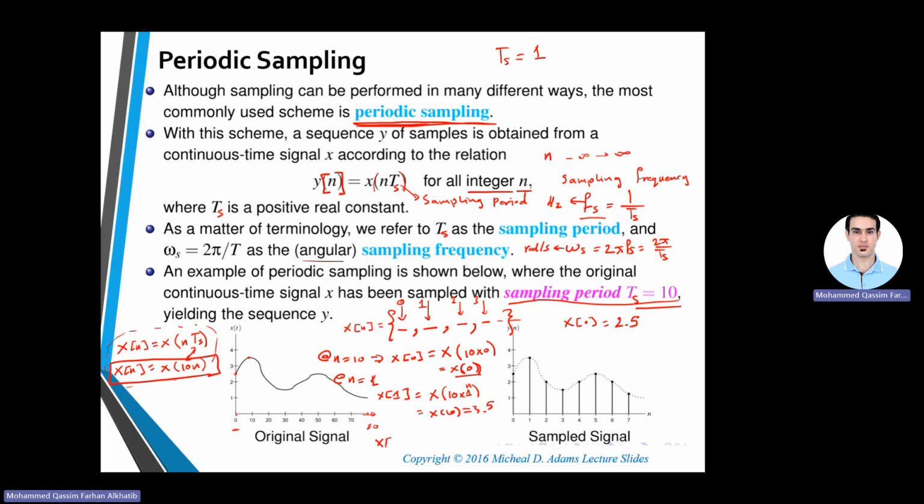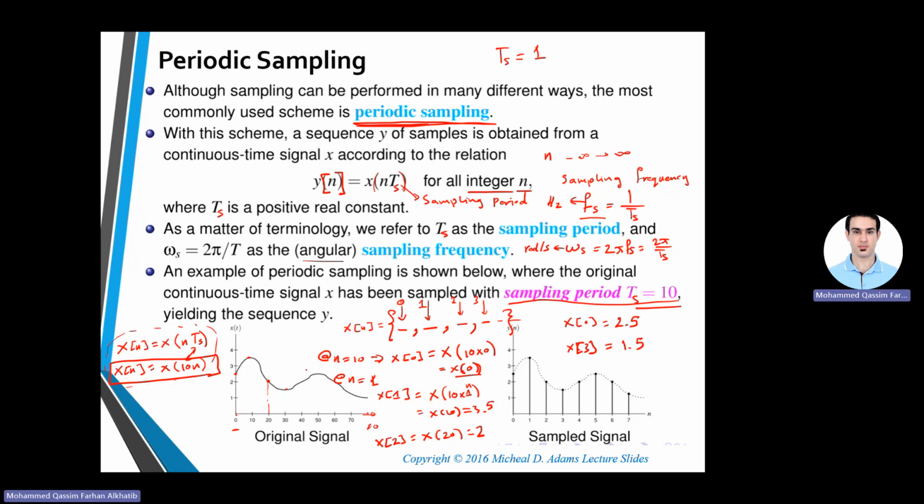X of 2 equals x of 20 from the continuous signal, my second sample. Going there, it's almost 2. X of 3 is x of 30, almost 1.5.